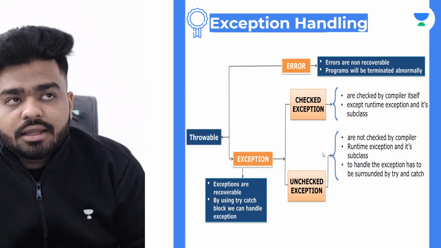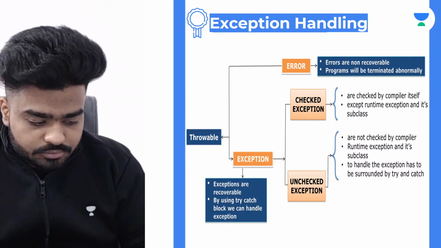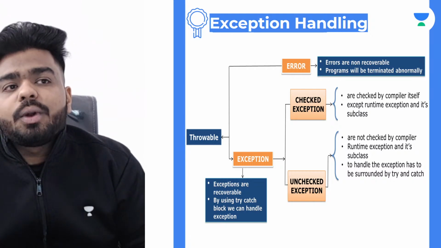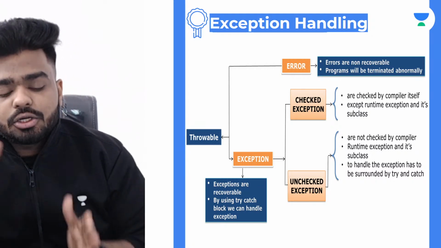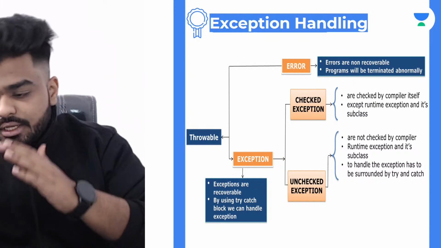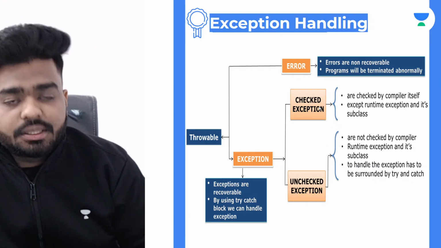Let's try to understand. See, there are some exceptions which can be handled at the compile time itself. That means when you're compiling the program, when the .java file is getting converted into .class, in that journey itself, the exception can be caught. So that's what checked exceptions are.